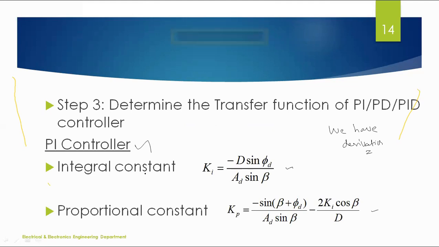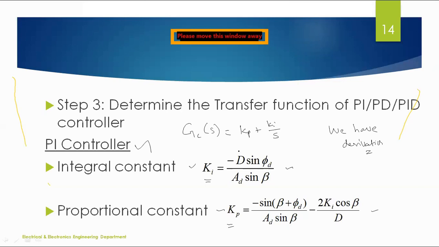Step 3: suppose we are going to introduce a PI controller. We know the controller transfer function of the PI is KP plus KI by S. Using these two formulas I calculate KI and KP. We know D, phi D, AD, and beta.